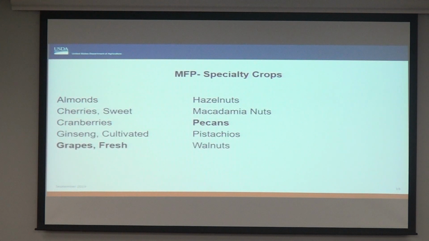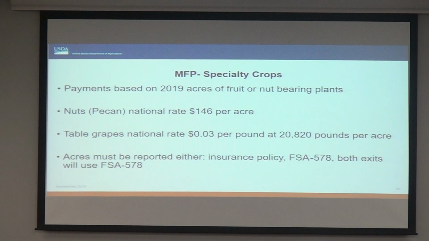And next, our specialty crops. As I mentioned, we have paid some applications on grapes, but the majority of our specialty crops here in Georgia are pecans. Payments are based on 2019 acres of fruit or nut-bearing plants. These have to be mature enough to be producing.